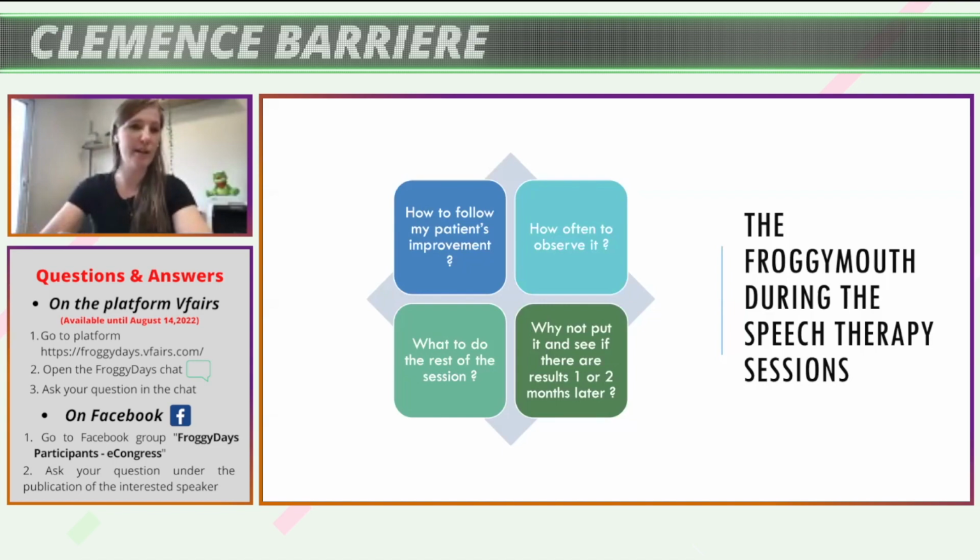Further on, I explain to the parents exactly what we should do, and during the first 5 minutes you will see that nothing is going to happen. When you have the froggy mouth, they keep their saliva in their mouths, and that's really difficult.